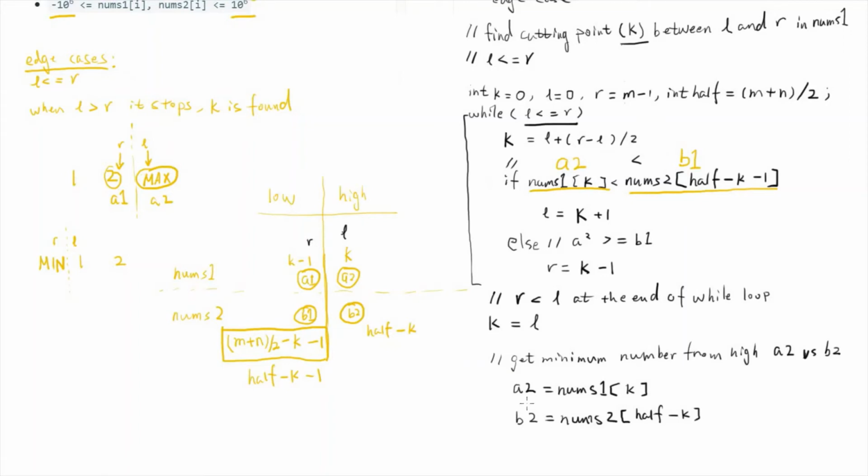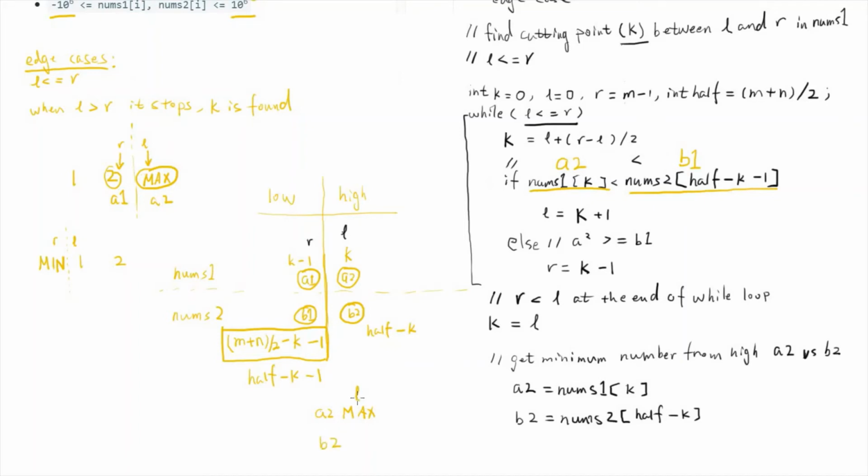And when we calculate A2, we have to consider the edge cases. For example, if A2 is the last value of the array nums1, remember our L will move to this position. So we're going to use a constant max number as a value at the position L. And the same thing for B2.